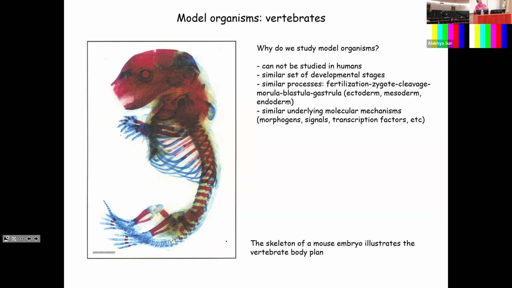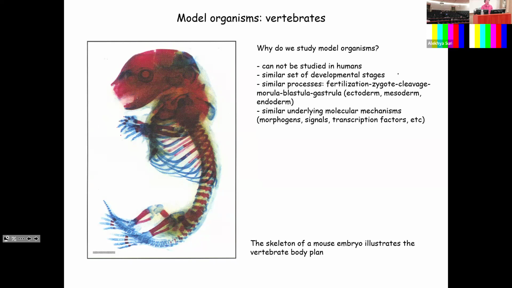Okay, we are not doing it just to understand how the mouse works, but we want to know if that could be extrapolated to humans. So they cannot be studied in humans.